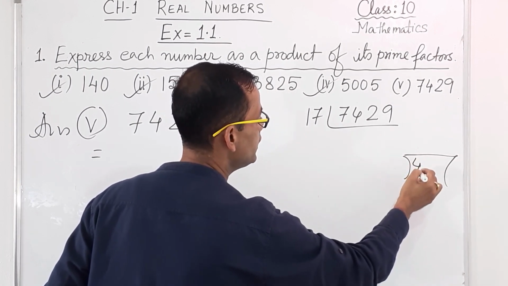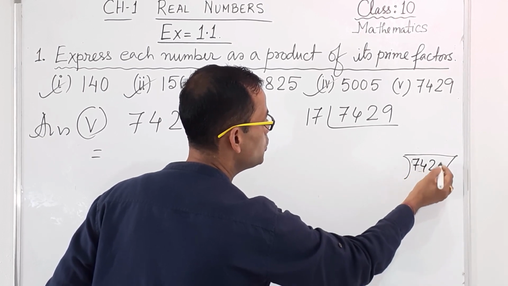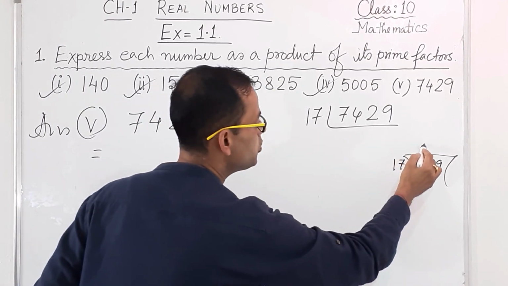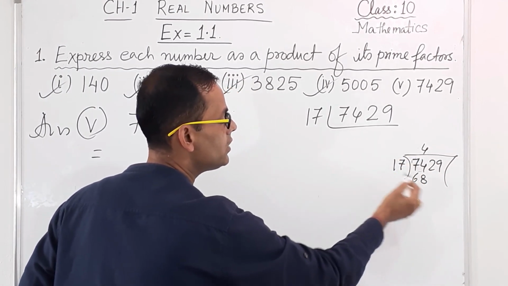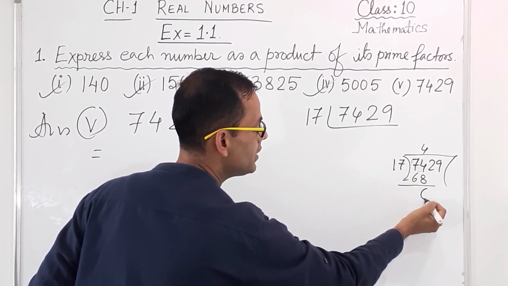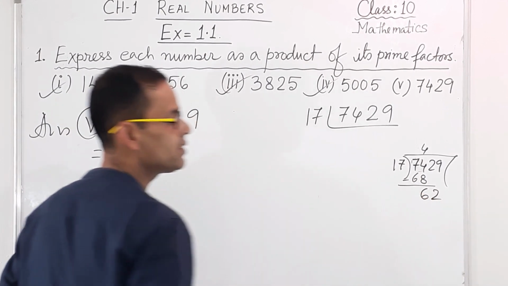So 7, let me write 7, 4, 2, 9. So 17. Okay, 17 4s are 68. See, 4 7s are 28. 2 4 1s are 4, 5, 6. So 68. So how much is left? 6 is left. Then 2 comes. Clear? 62.